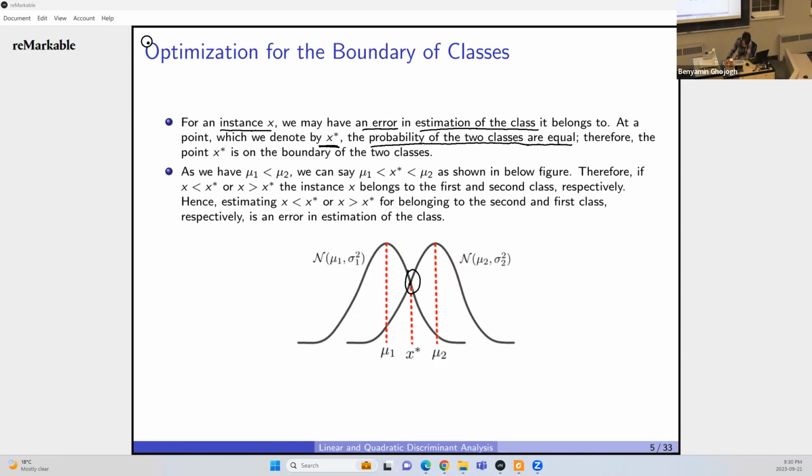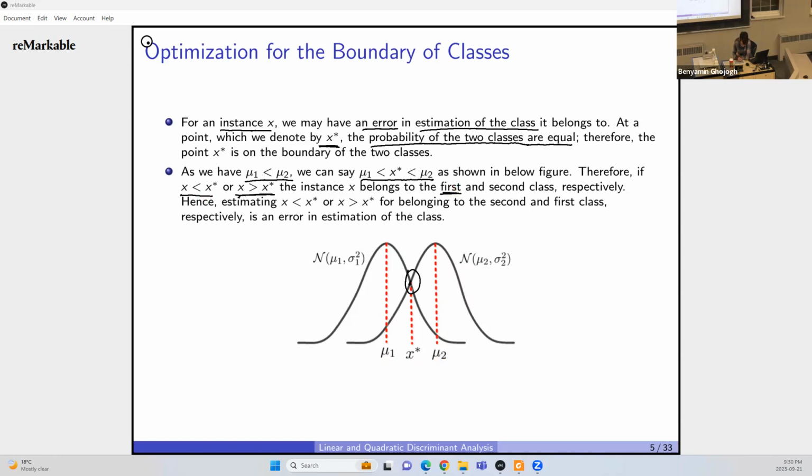As we have mu1 less than mu2, like in this figure, we can say that X star is between mu1 and mu2. Agreed? Therefore, if X is less than X star, then it should belong to the first class.